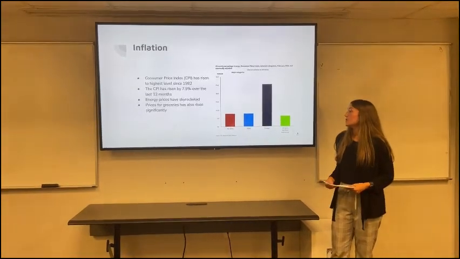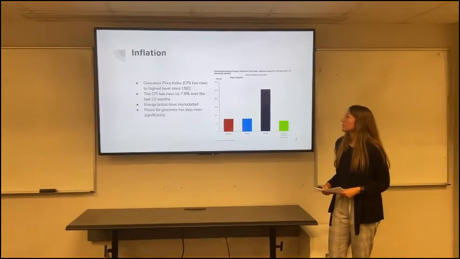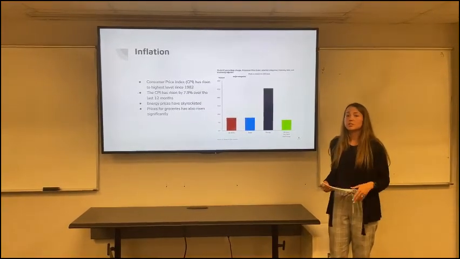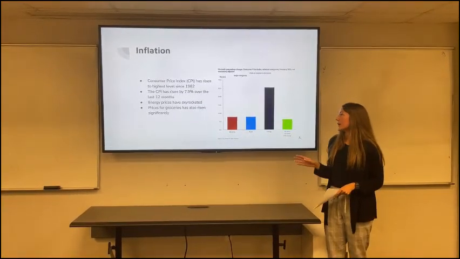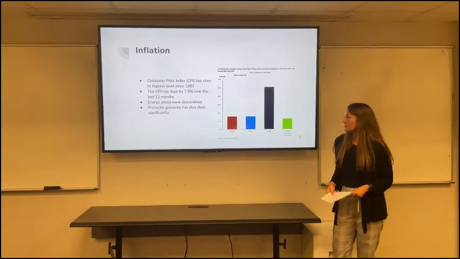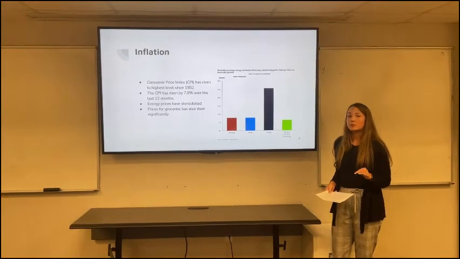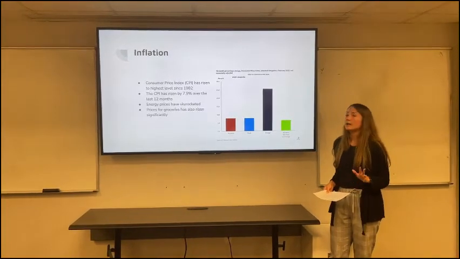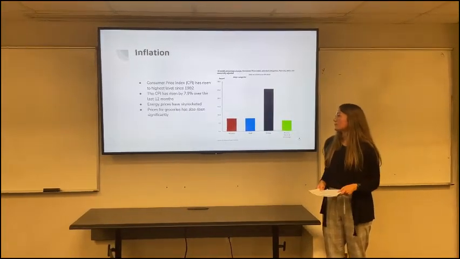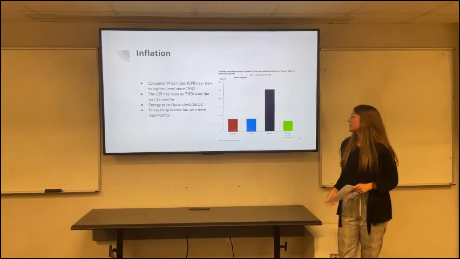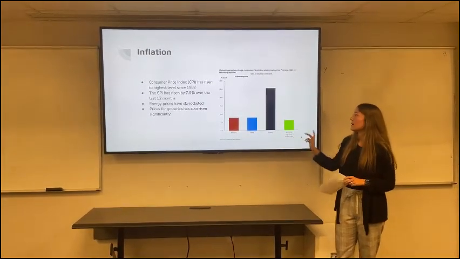This graph is from the U.S. Bureau of Labor Statistics, and it shows a 12-month percentage change in CPI for different categories throughout the year. The first category is all items, the second category is food, the third is energy, and the fourth is all items less food and energy. And what sticks out about this graph is that energy has skyrocketed.